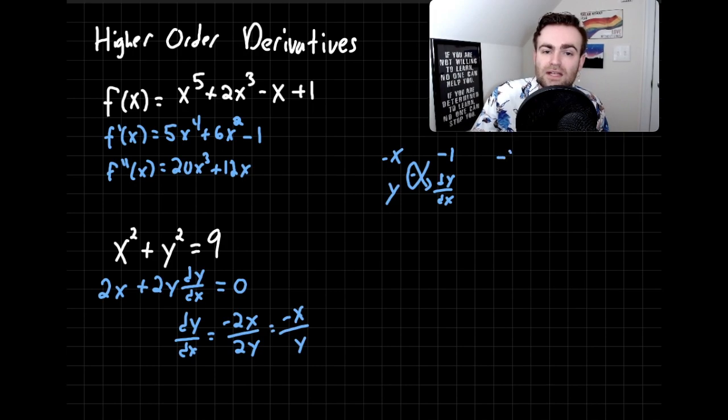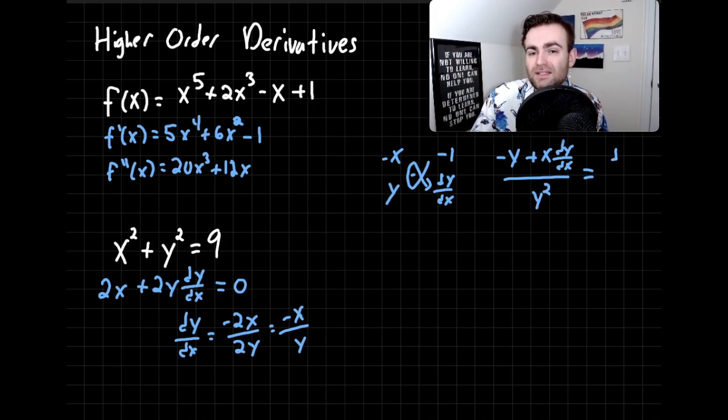So we have negative y plus x dy/dx all over the denominator squared, which is just y squared. And this is what d2y over dx squared is. That notation's a little weird. So if you want to switch to using y primes here, you wouldn't offend me, but this is the proper notation for it.